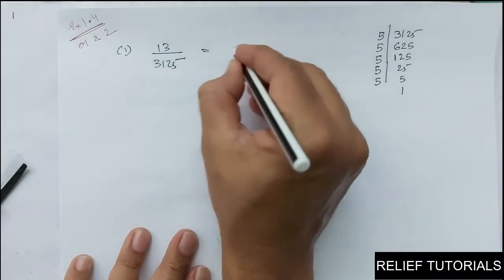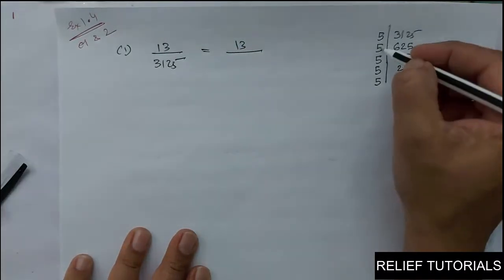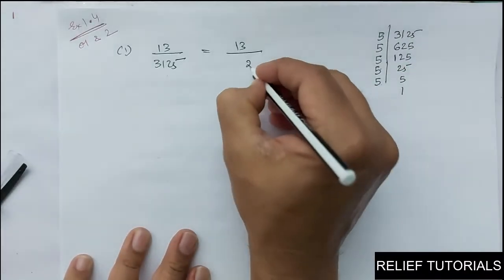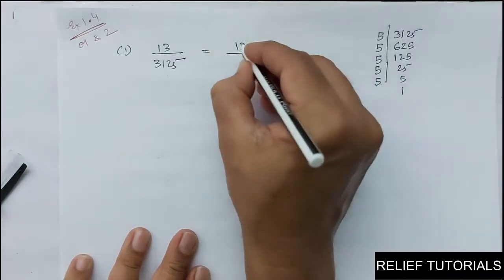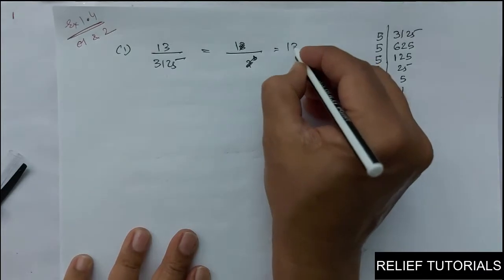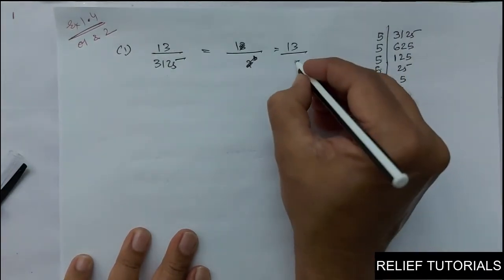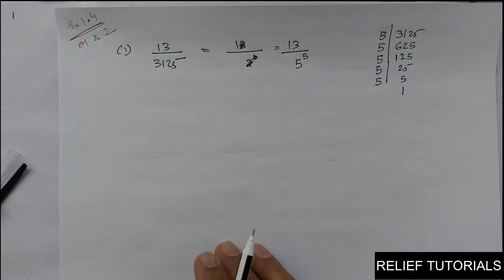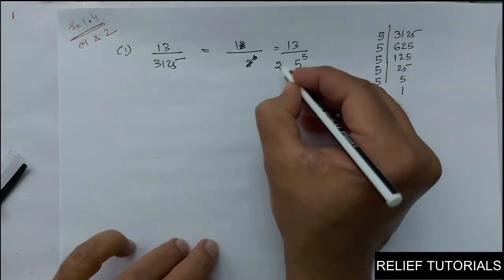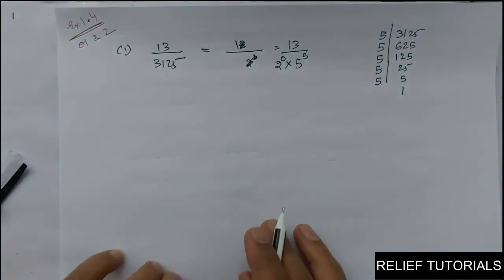So I can write this denominator 3,125 as 5 raised to 5. So 13 upon 3,125 equals 13 upon 5 raised to 5, and I can write it as 2 raised to 0 into 5 raised to 5.